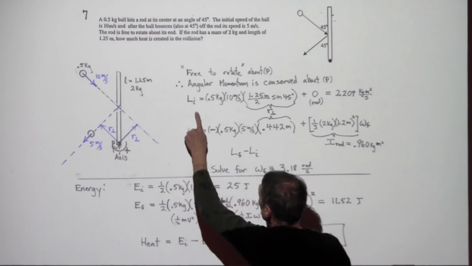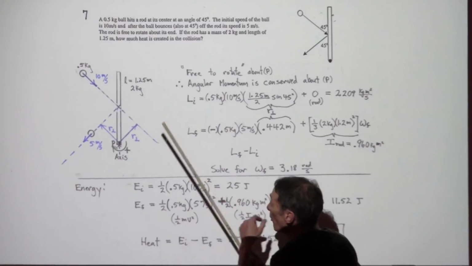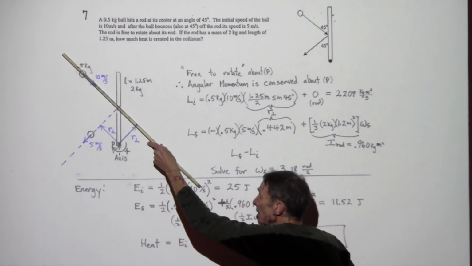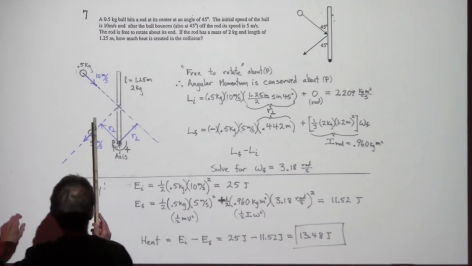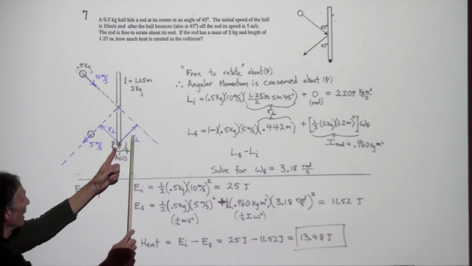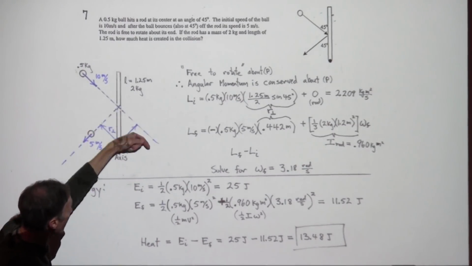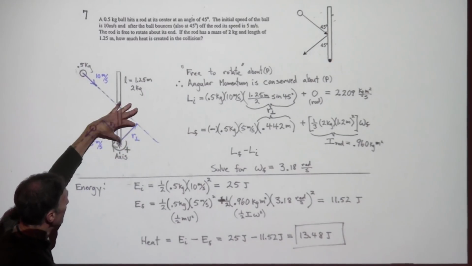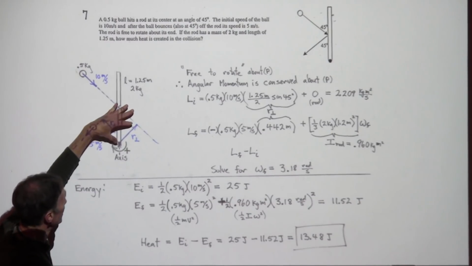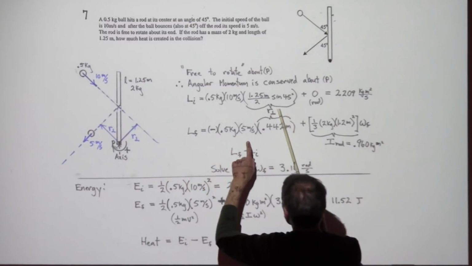So my initial angular momentum is just this clay ball. It's coming in along what I'm calling the line of action, and it's easiest to let this thing come through times this perpendicular distance. So it's got its momentum, mv, along this line. This is the perpendicular distance, so the angular momentum is just that momentum times that perpendicular distance.